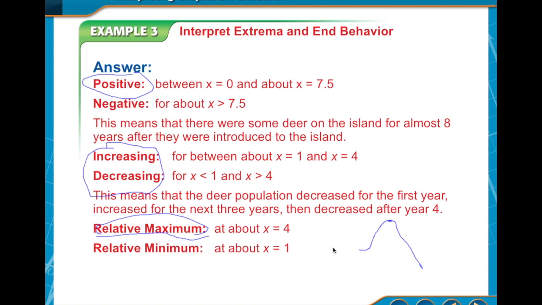And there was also a relative minimum very early on, right about this point in our graph. It was higher, it dropped, and then it rose again. So you can also say that there was a relative minimum as well.